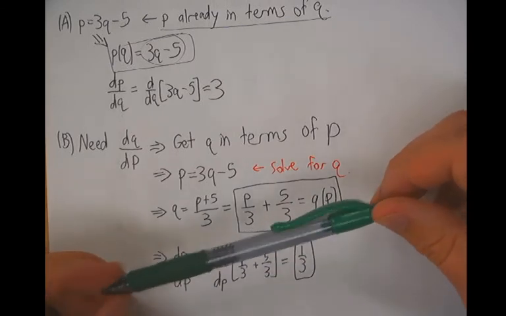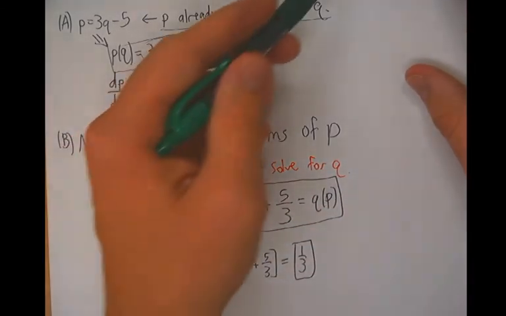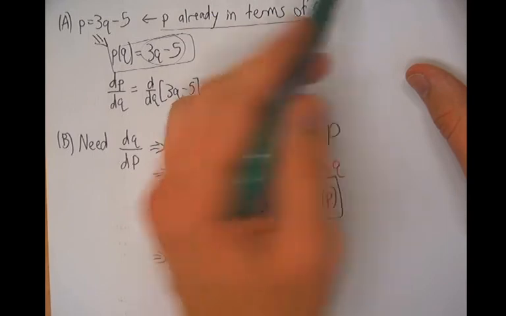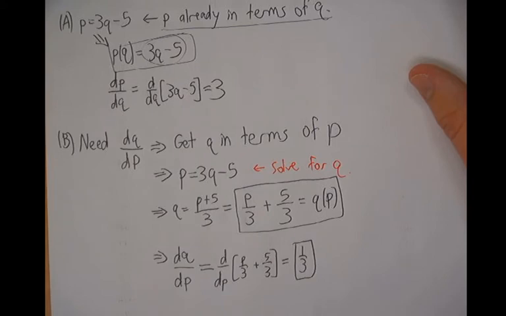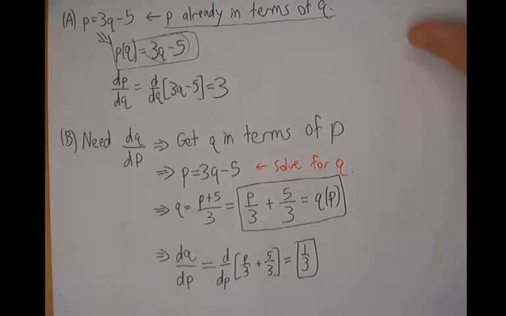Generally no, but I think it only plays nice in this case because you have p in terms of q as a linear relationship. If you have a quadratic or anything else, it's probably not going to end up being that. So does that answer your question? Yeah. Okay.